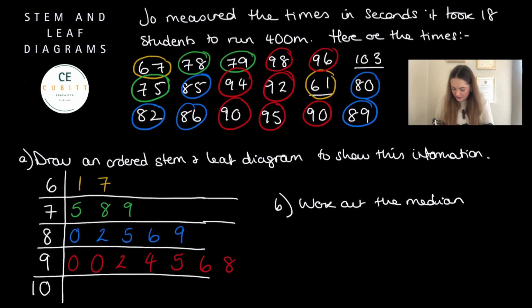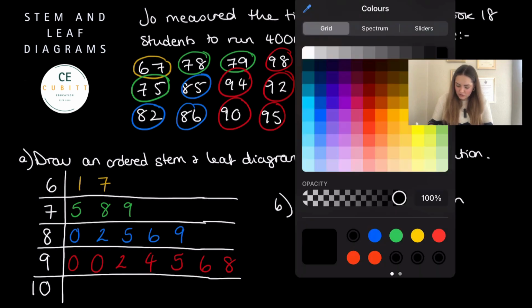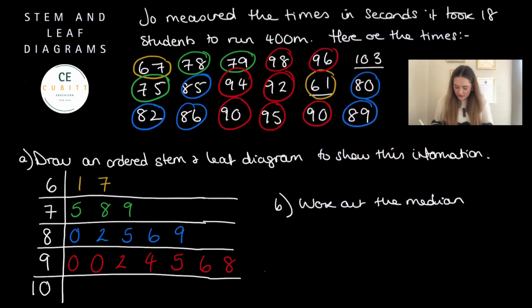So just to make it nice and neat, I'm just going to extend those lines a little bit more. And then finally our 10s, so I'm just going to change the colour here. Let's use pink because we haven't used a pink yet. And we only have one value for the hundreds, which is 103, so we can just pop that in there. Not very good pink, is it, after just using red, but never mind.